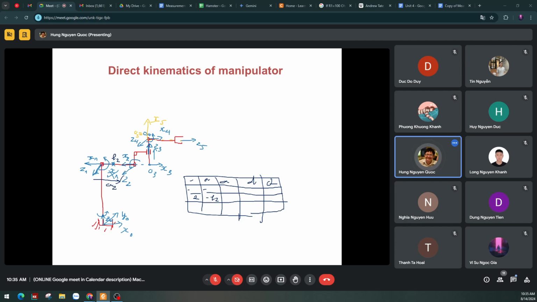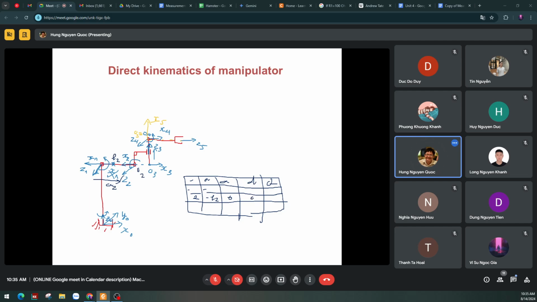That's why, as I mentioned, usually we don't choose X2 in this direction, but in the other direction, which is easier, and then it is plus. In this case, alpha is 0, and D2 is also 0, because when you project O2 onto this one, it is coincident with O1.